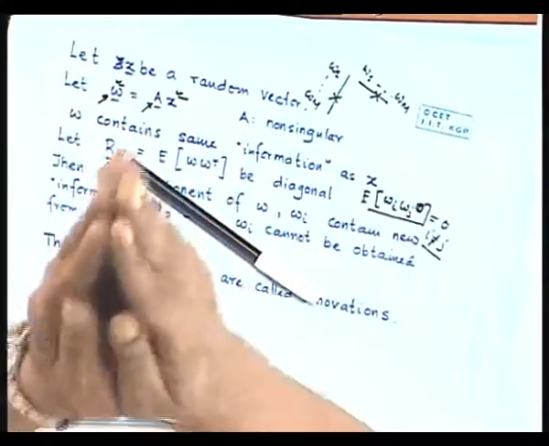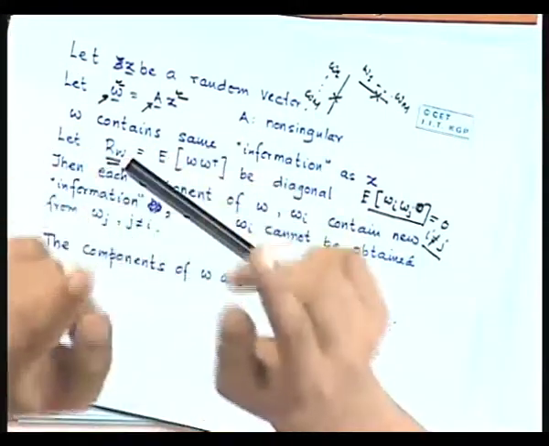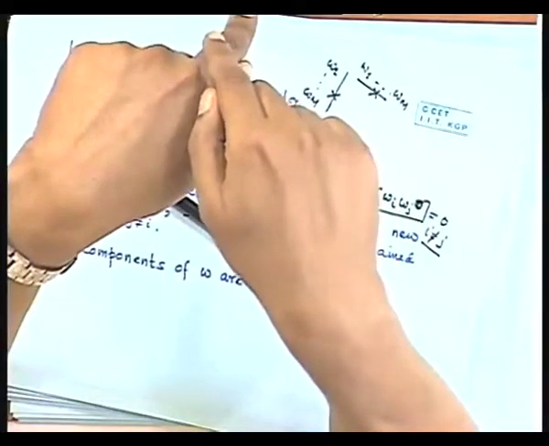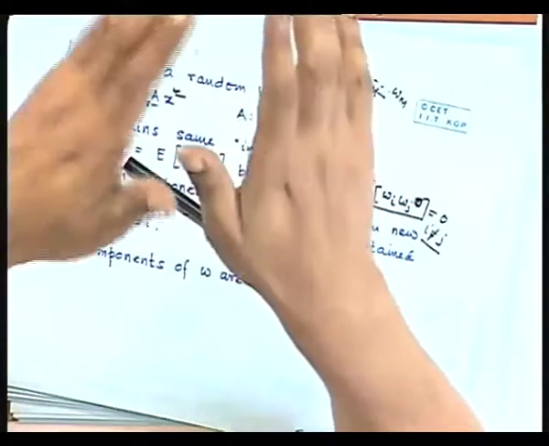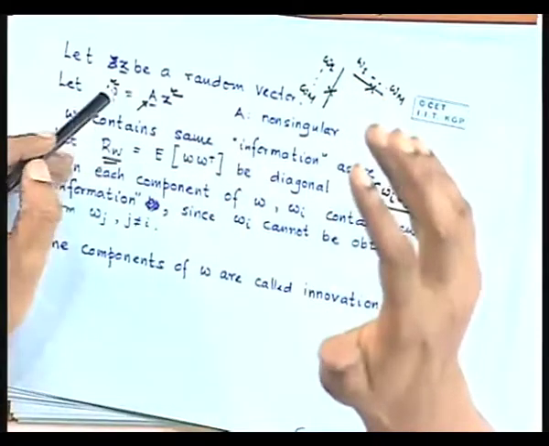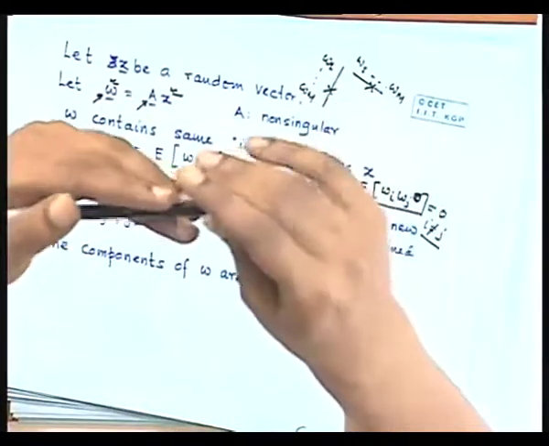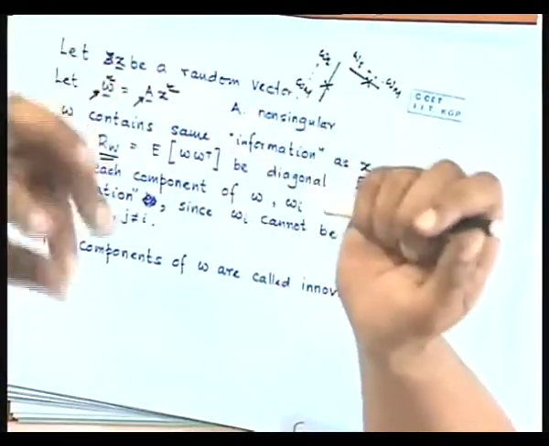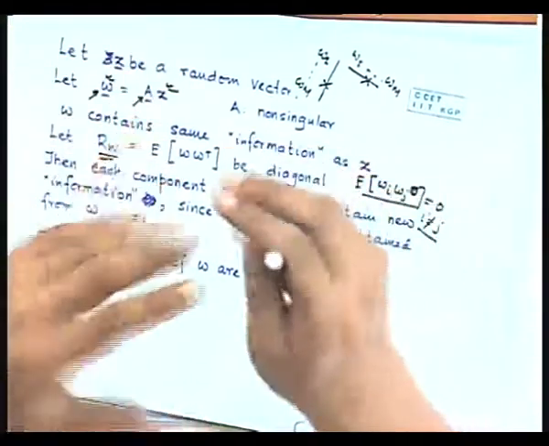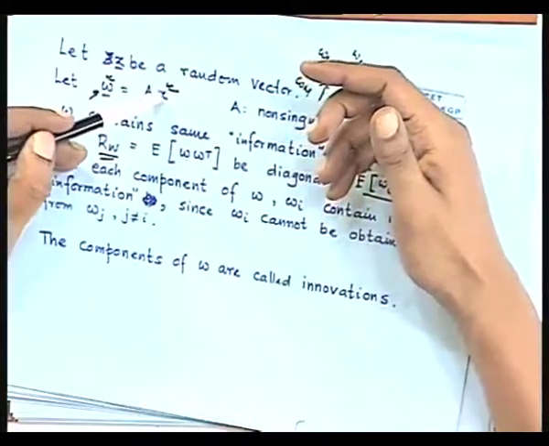So it contains some unique information which is new, which is not there in the other components. That's why this vector W will be called an innovations vector.